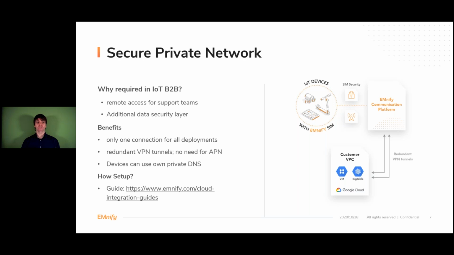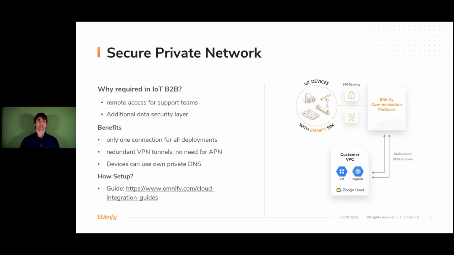This is, of course, a very strict security measure to have a private network for your solution. But moreover, if you establish a secure private network between your application and your devices, it also gives you the possibility to remotely access the devices. Think about situations where your devices are at a customer and you would like to do an SSH login to the device to get remote logs, or to execute a command on the CAN bus that the device is connected to.